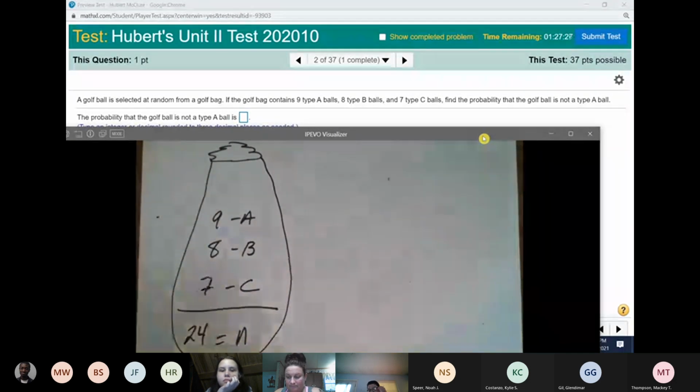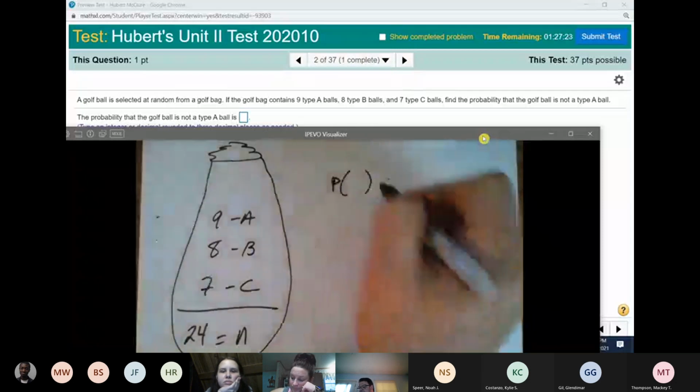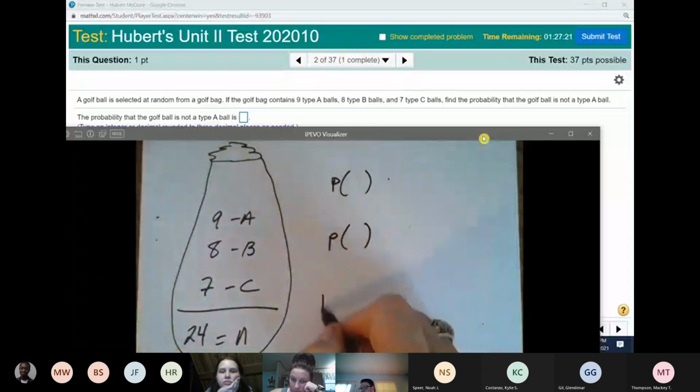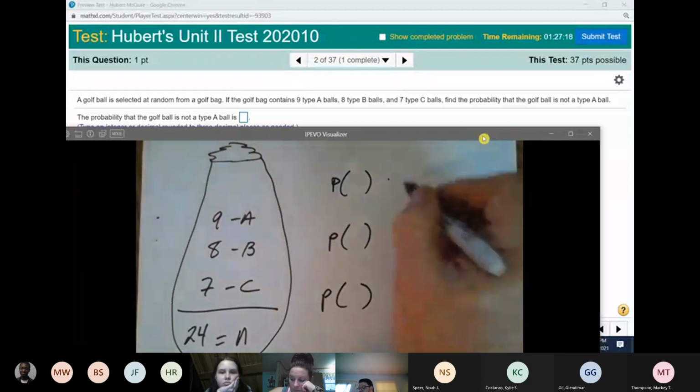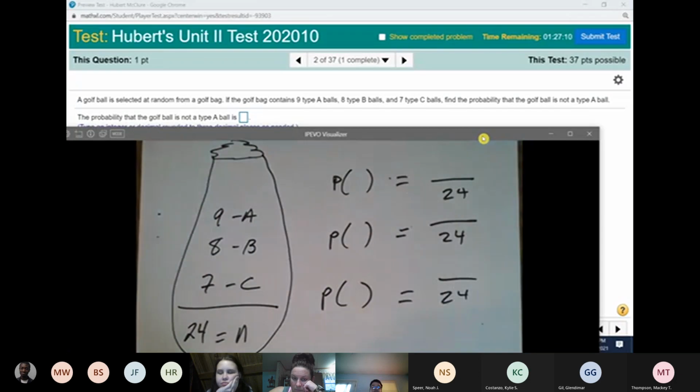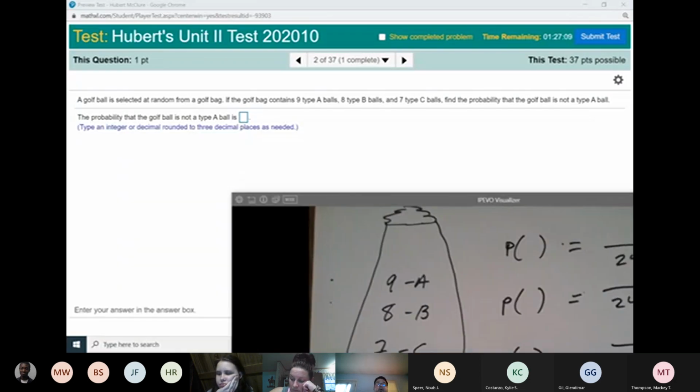Correct. Y'all check me. So that means whatever probability we do over here is going to be equal to some number, no matter what we're asked, it's going to be over 24. Now, let's see what it asks.